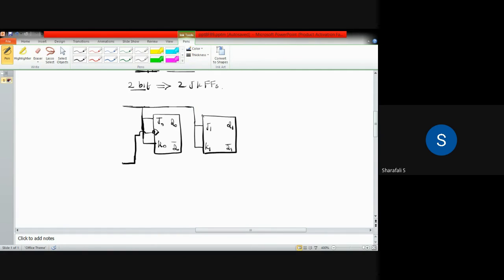So this is the clock which is applied to the first flip-flop. And for the second flip-flop, the clock is applied from this Q0. So it is going like this. The clock is nothing but this Q0 for the second flip-flop. This is flip-flop 2.